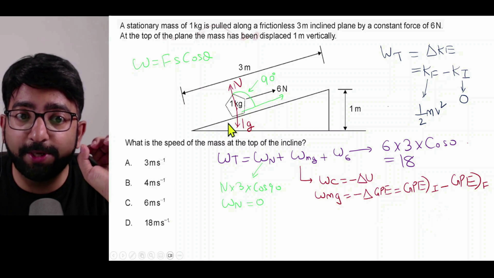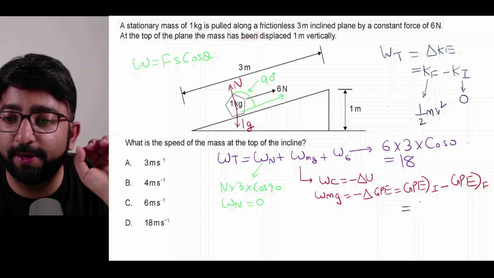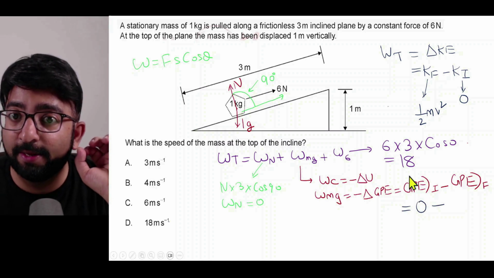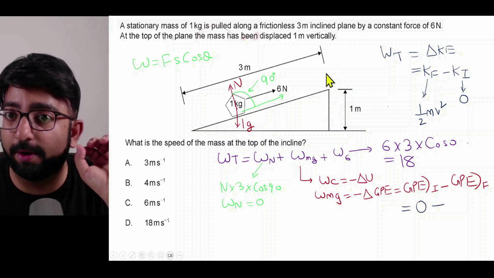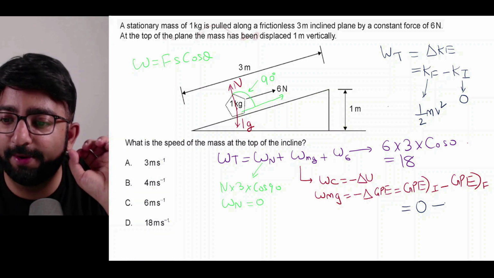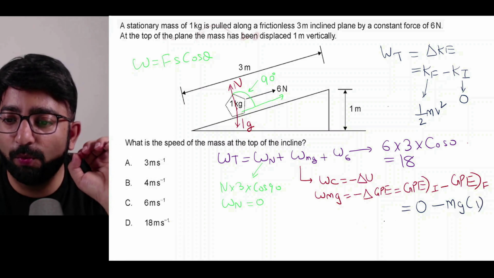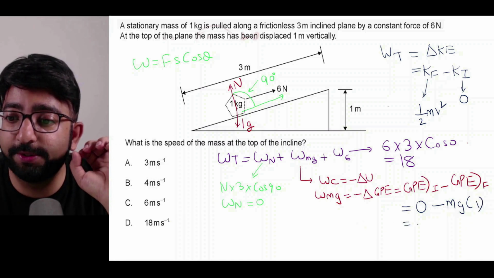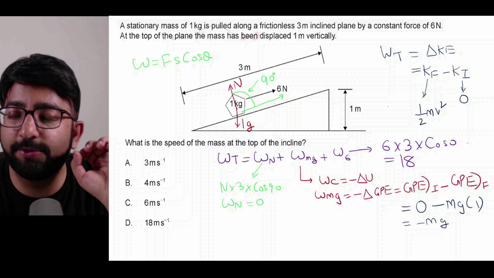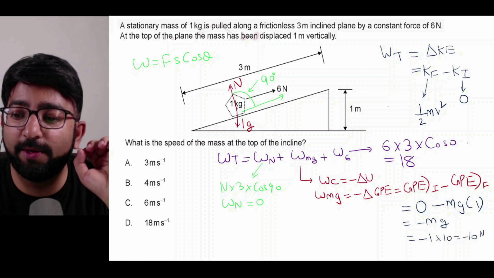Initially the object was on the ground, so the initial GPE is 0, minus finally the object is over here, so the GPE will be mgh, where the height is 1 meter. So we will write negative of m into g into 1. Hence, the work done by the gravitational force is nothing but negative of mg, which will be equal to, mass is 1, and let us take g as 10, negative 10 joules.